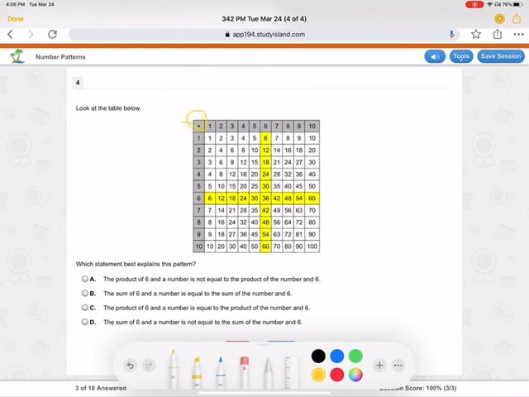See it? All right. So we know, since this is multiplication, we're thinking what type of word is for multiplication? We have two choices, of course. We had sum and we had product.